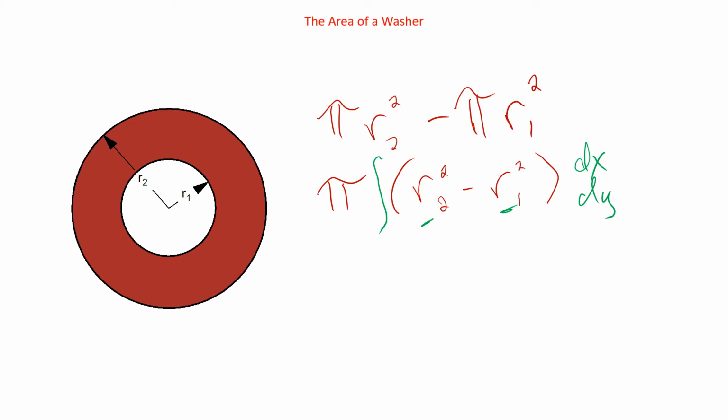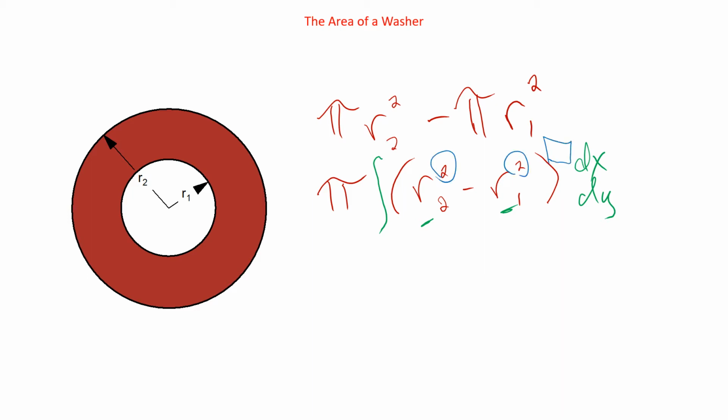Now, this looks kind of reminiscent of section 2 as well, because we had the big one minus the little one squared. The big difference here is that it's not the big one minus the little one squared. It's the big one squared minus the little one squared. Notice the squares are on the inside.